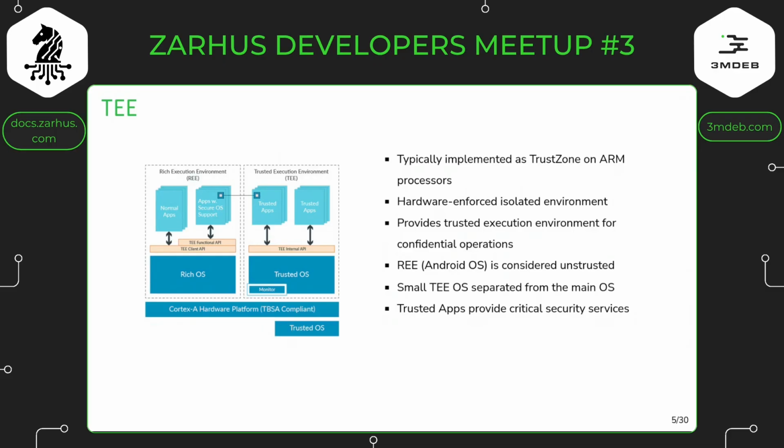The trusted execution environment itself is provided by the trusted operating system, which is a small operating system typically provided by the hardware vendor. On top of that operating system, we can run trusted applications providing specific critical security services to the main operating system, which is in our case Android. So it is a pretty standard way, and Android heavily relies on this ARM feature.